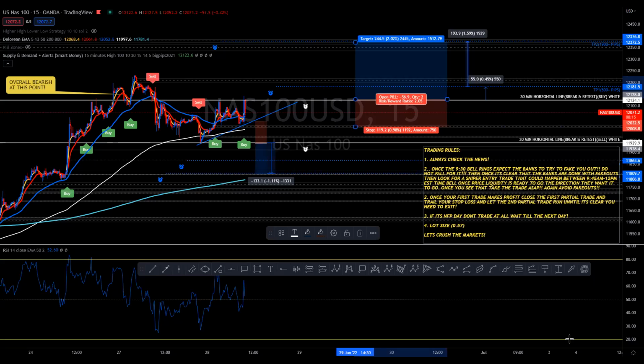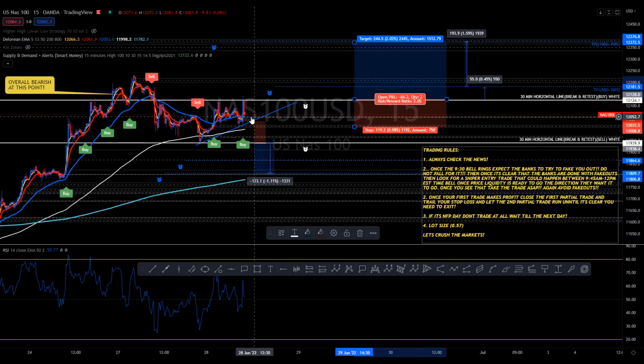All right, so we have about 16 seconds left until the 10 o'clock candle. Let's see what price does. See what this candle does here.